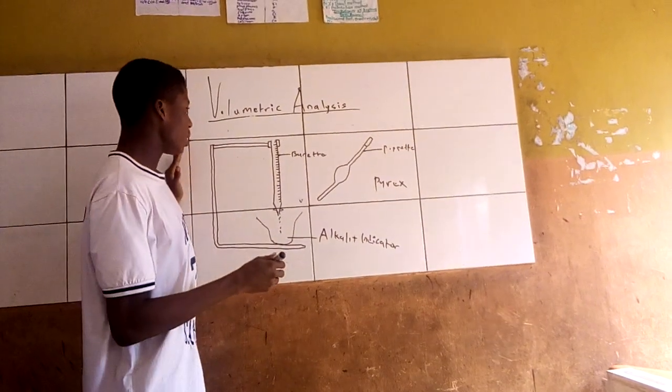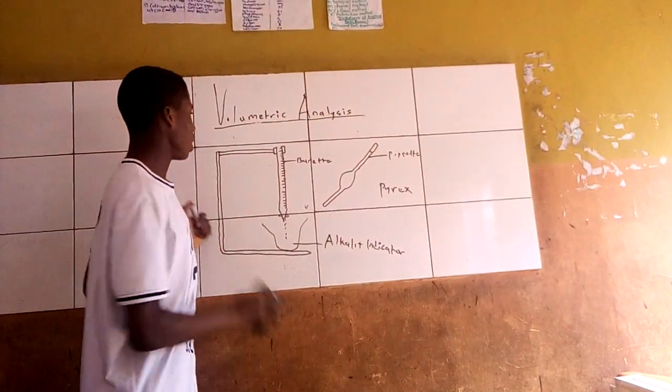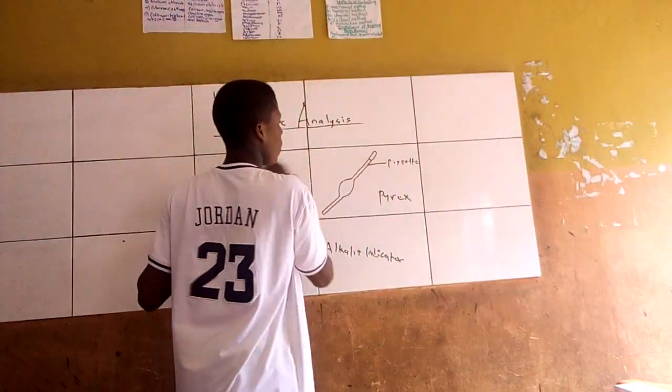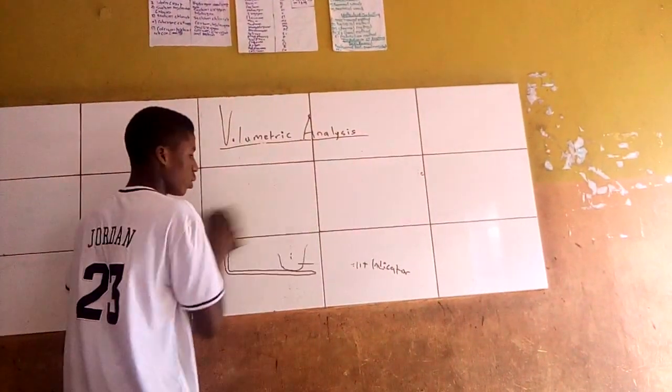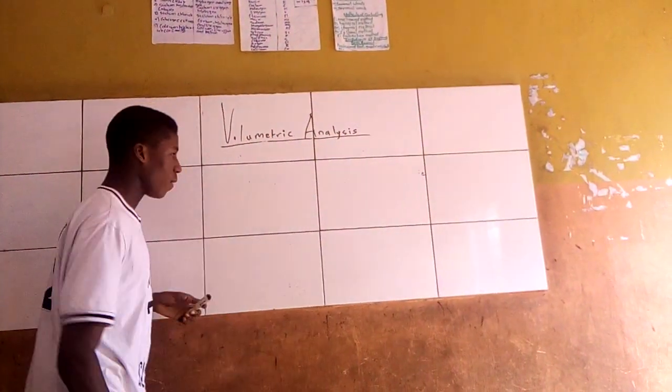So after doing this, you now construct a table. The table of values will look like this.